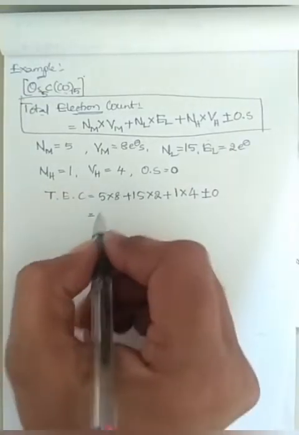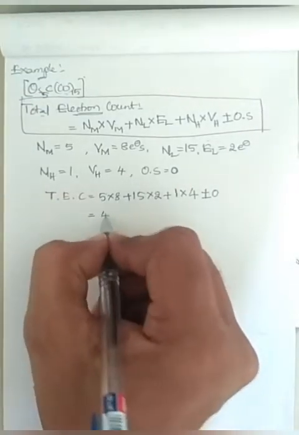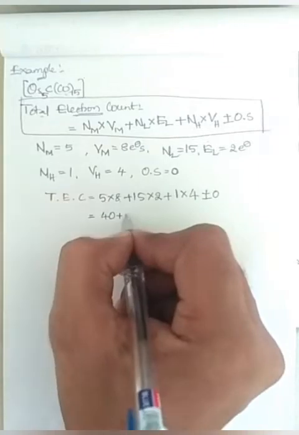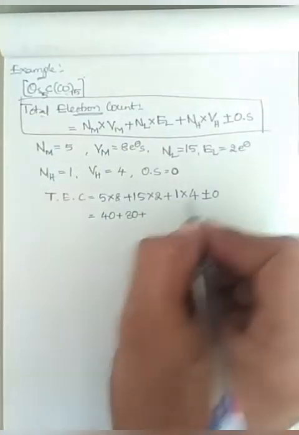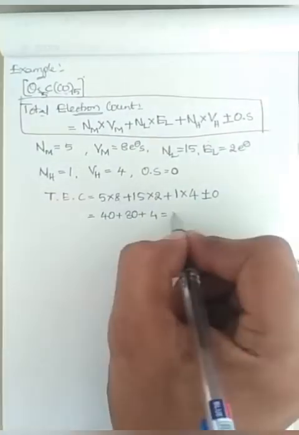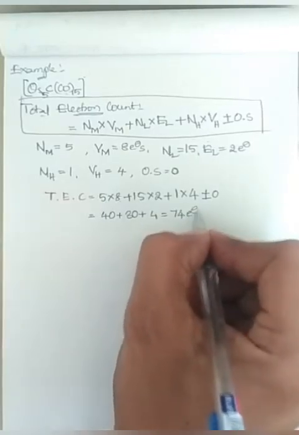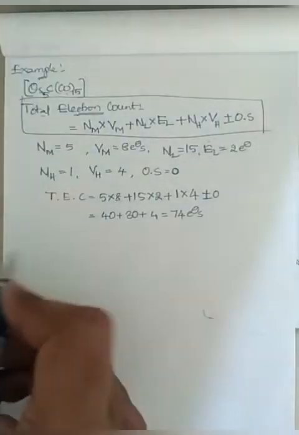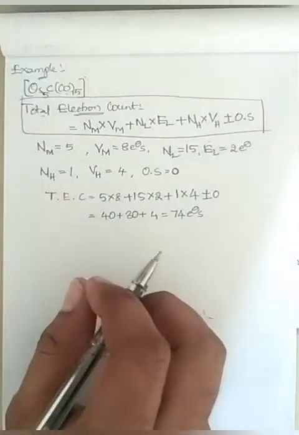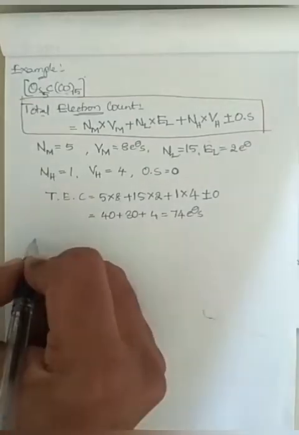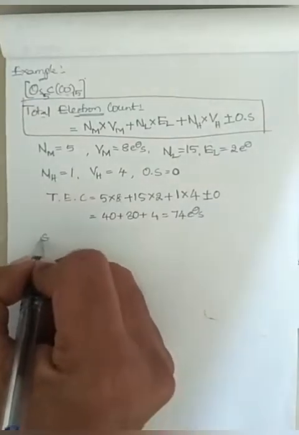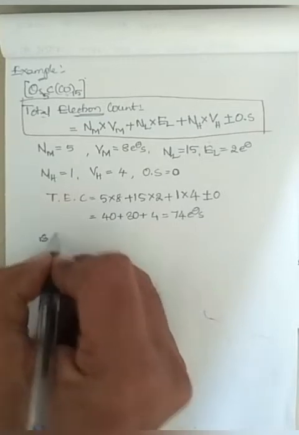So it equals 5 into 8, 40, plus 15 into 2, 30, plus 1 into 4, 4. It equals 74 electrons. The total electron count will be 74, right? Now we have to calculate the non-skeletal electrons.